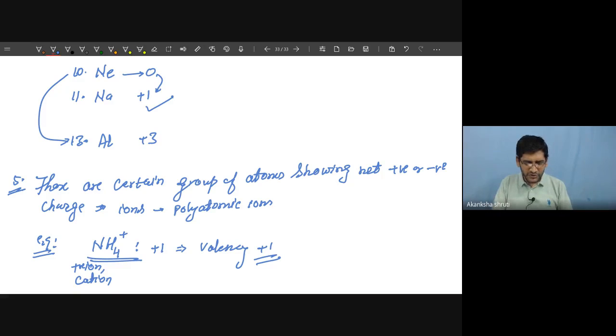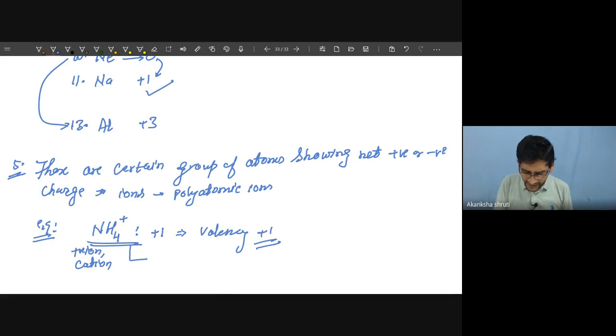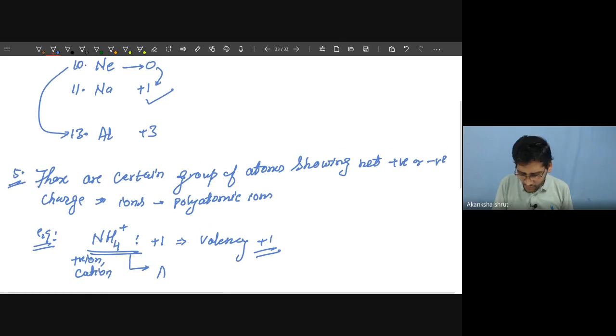So in place of sodium, it may be NH4 plus, and the name given to NH4 plus is ammonium. Ammonia, NH3, is ammonia, but when it carries a positive charge the name is derived from that: ammonium. So change ammonia to ammonium. So it is our ammonium ion.